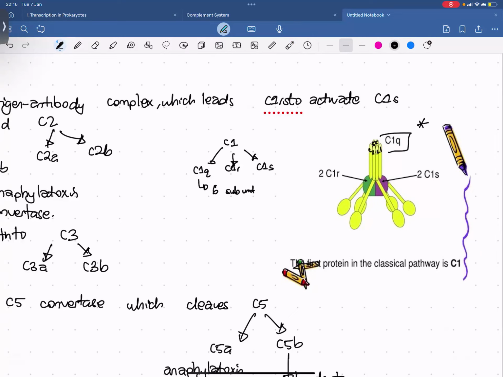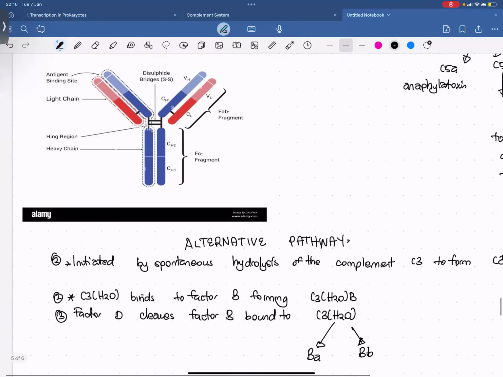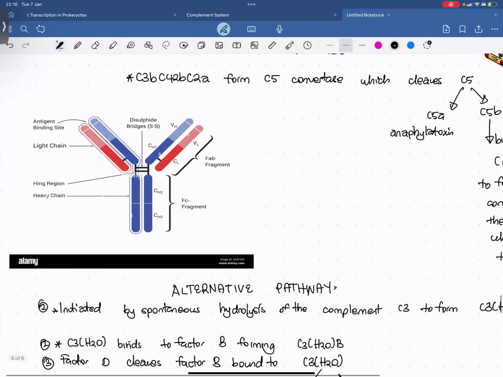So this is C1q, and these are the other structures, C1r and C1s. We said C1q is the one that's going to bind to the Fc portion. Someone may ask, what's the Fc portion? When you look at the structure of an antibody, it's here. Now let's move to this other side. The Fc portion is this lower part here.